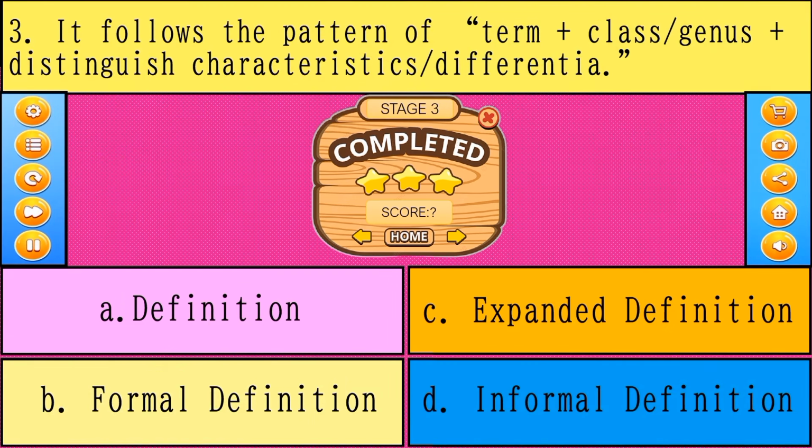Number 3. It follows the pattern of term plus class or genus plus distinguished characteristics or differentia. Answer is B. Formal definition.